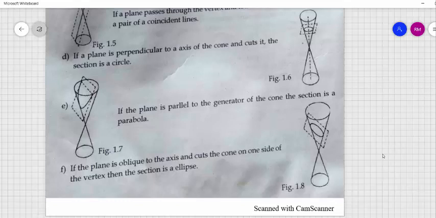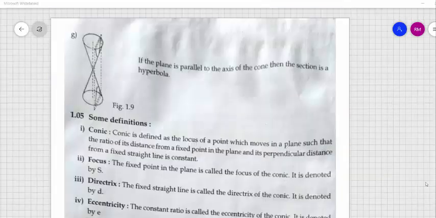See diagram 1.8. Now see figure 1.9. If the plane is parallel to the axis of the cone and you cut, then the section is a hyperbola. That is such a type of cut.